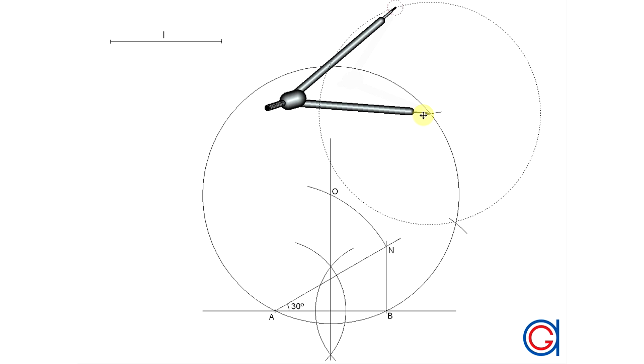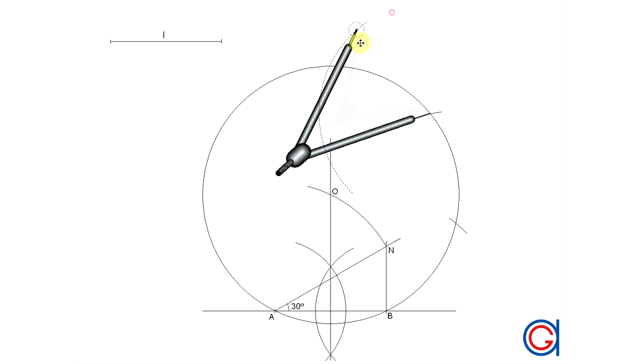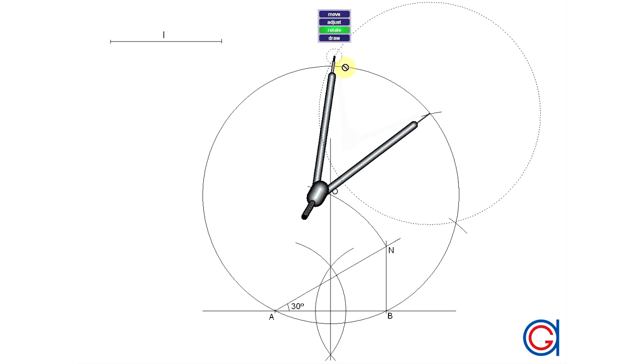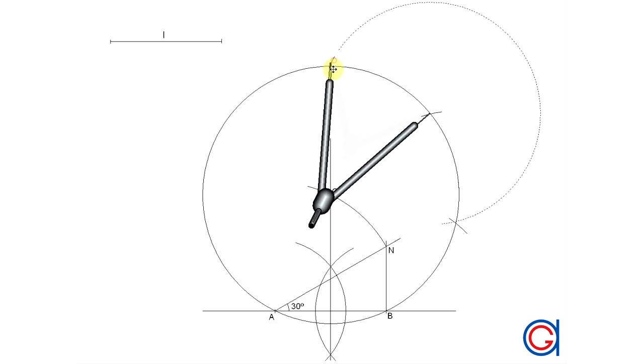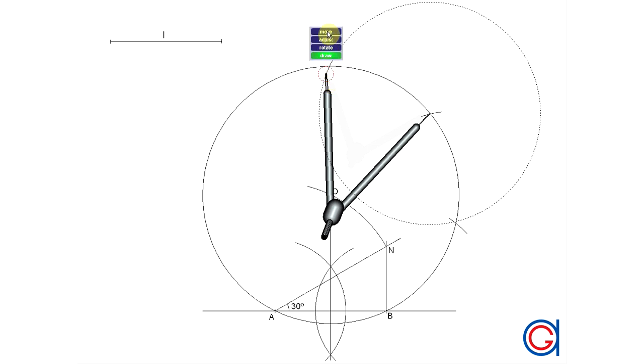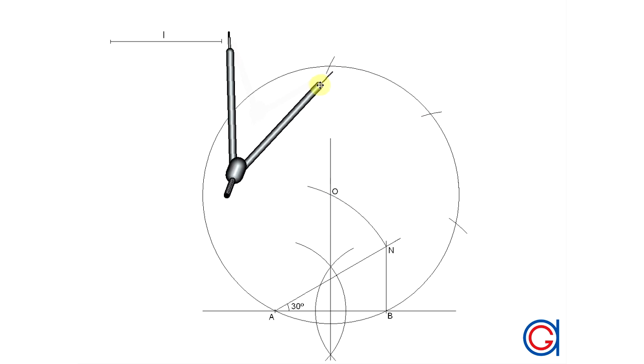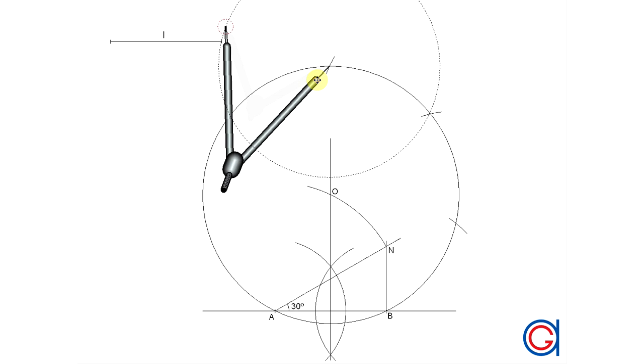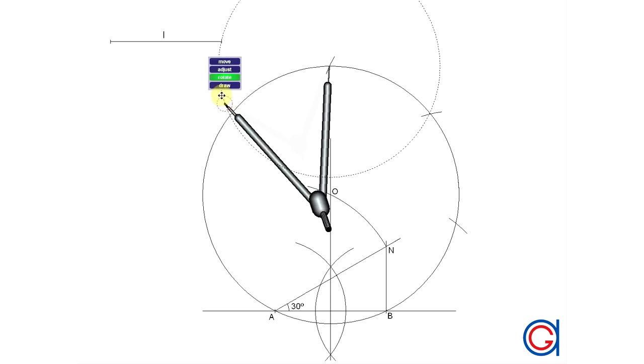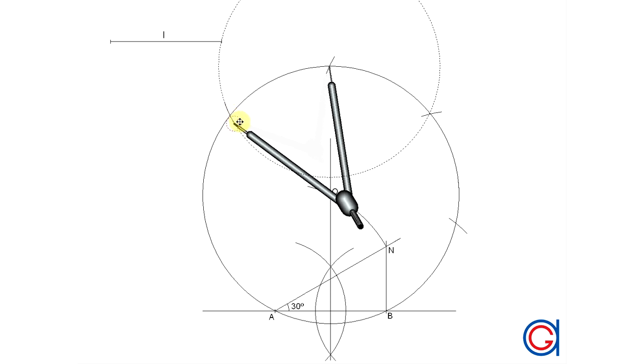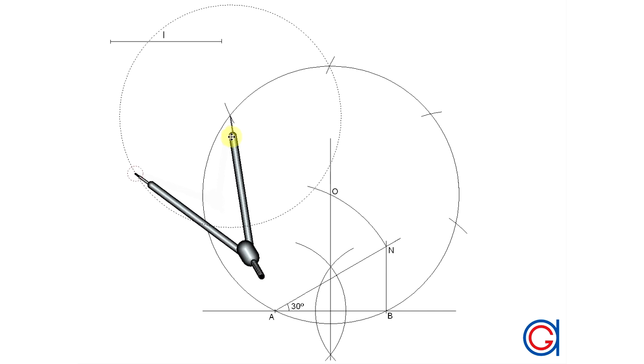Again, setting our compass on our previously scribed arc, we draw our third arc. Again, we scribe our fourth arc. And now our fifth.